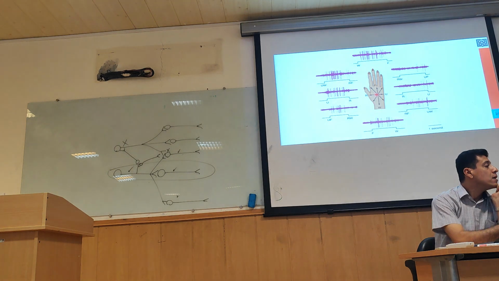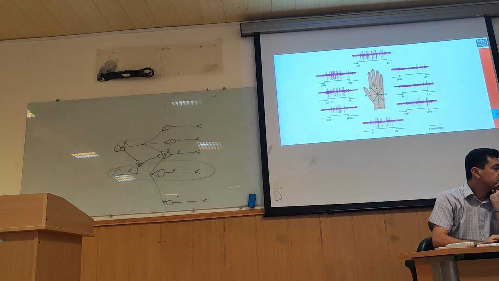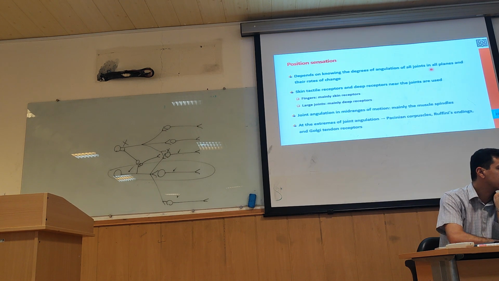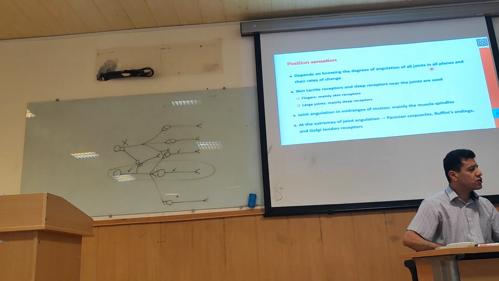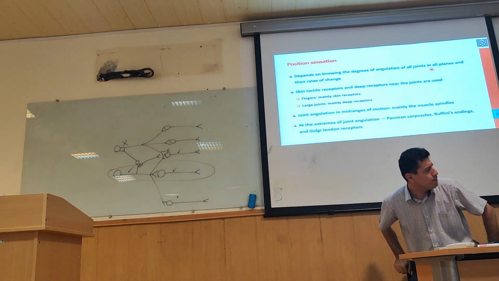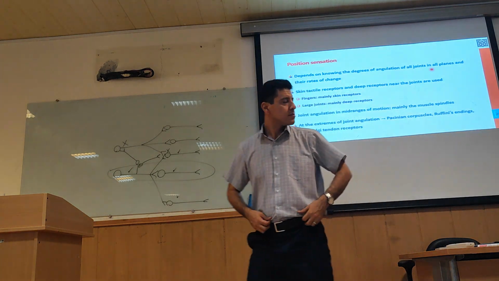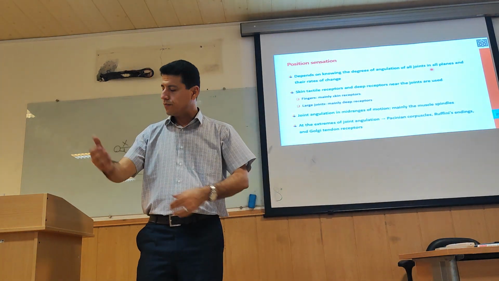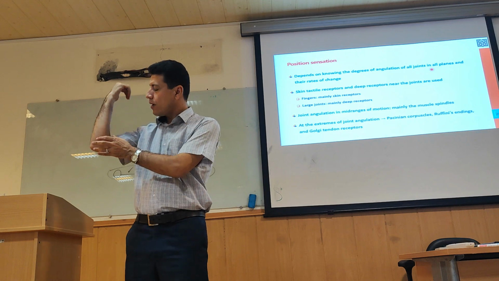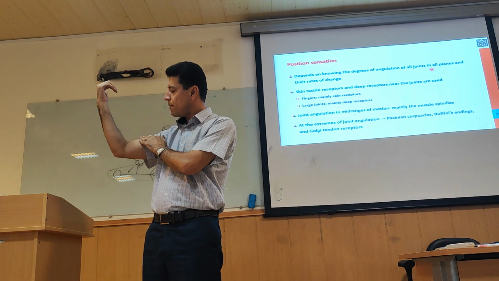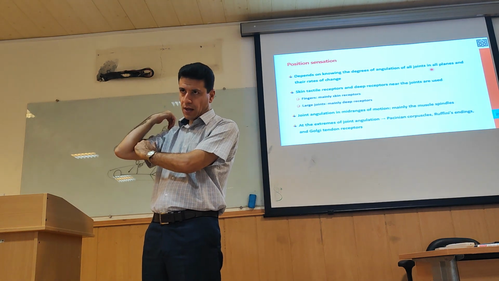Okay? So actually, it's not in your book. I wanted to provide you with further information about the way of information processing in the cortex. Position sensation depends on knowing the degree of angulation of all the joints in both planes. So if I bend my elbow, this joint is bent in one plane.